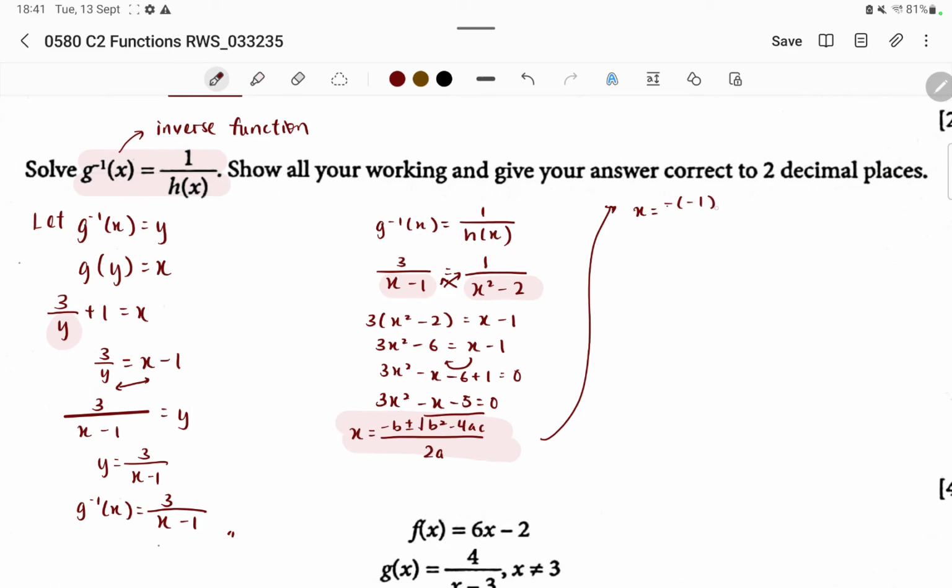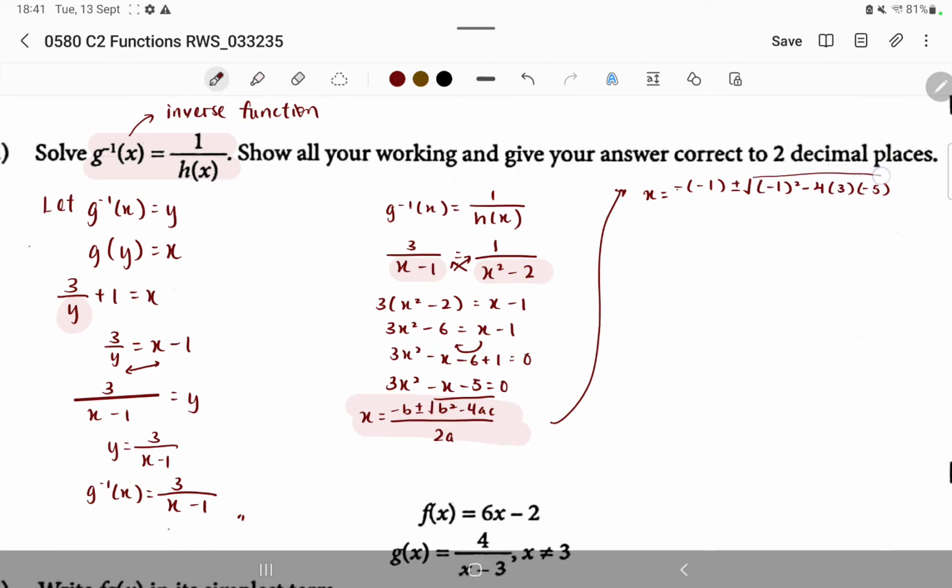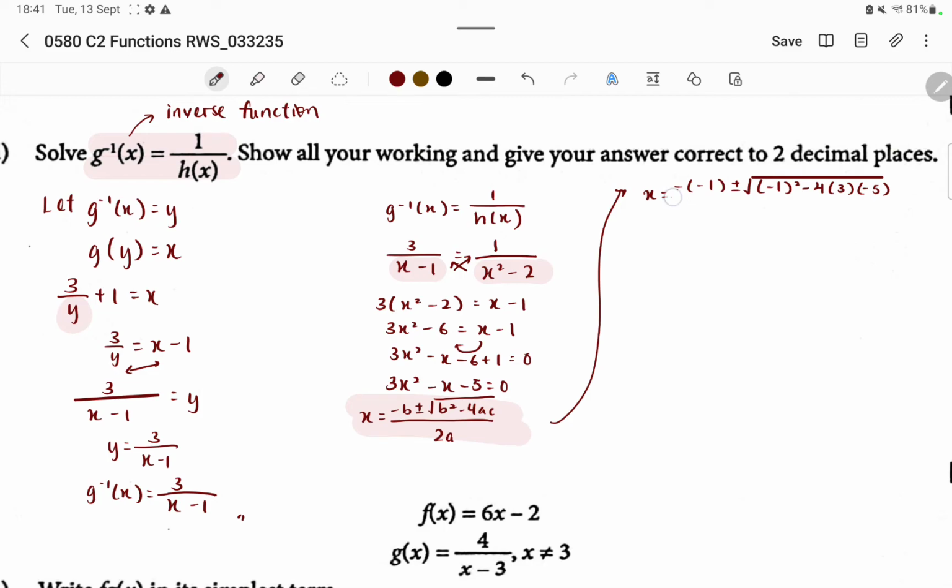Negative of negative 1, and then plus or minus square root of negative 1 squared minus 4 times 3 times negative 5, over 2 times 3.